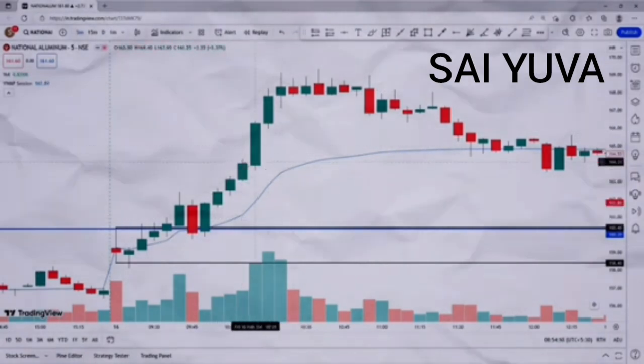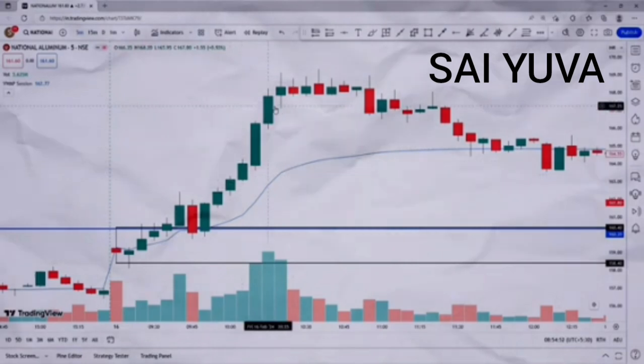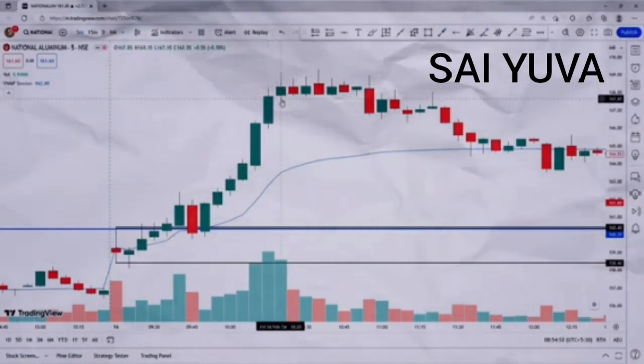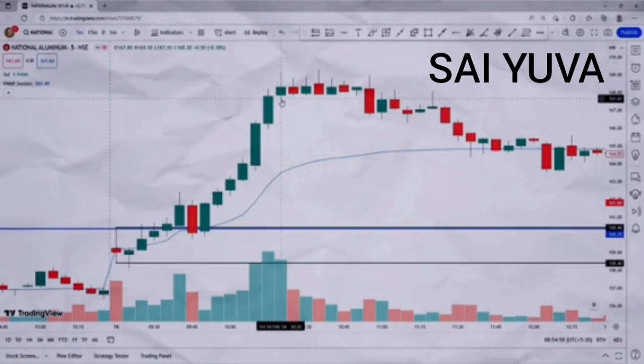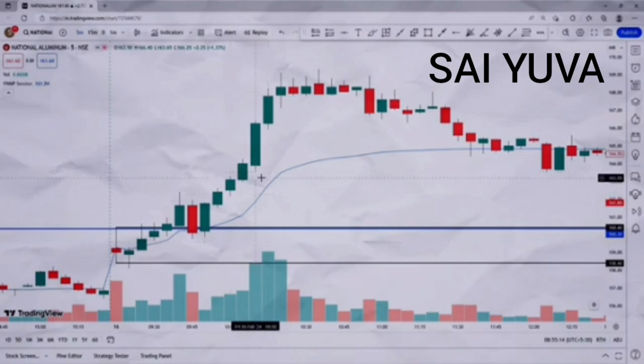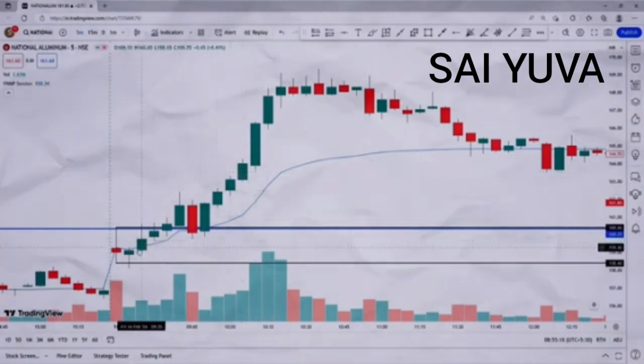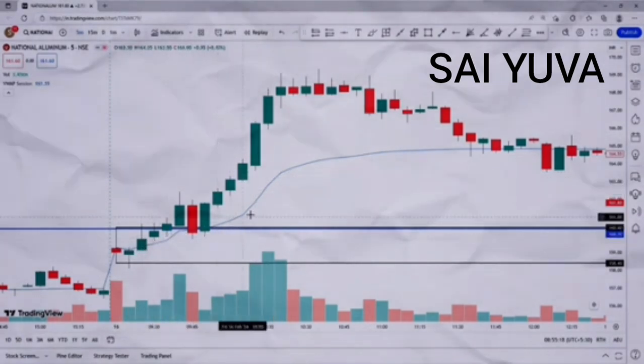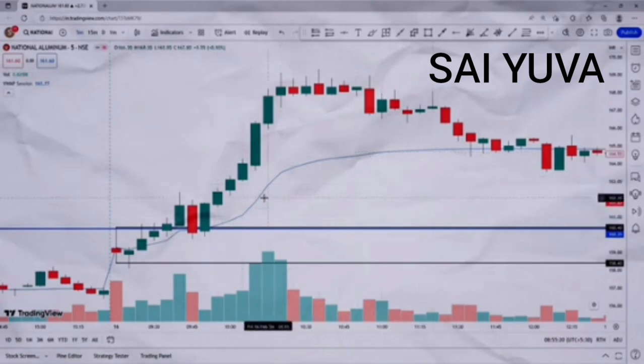When it tries to go away from its average price, it means when people are buying it, then the average trading price should have been around it. But if the average price is going away from this candle, then whatever strength people are showing here, there will be a point from where people will do profit booking.